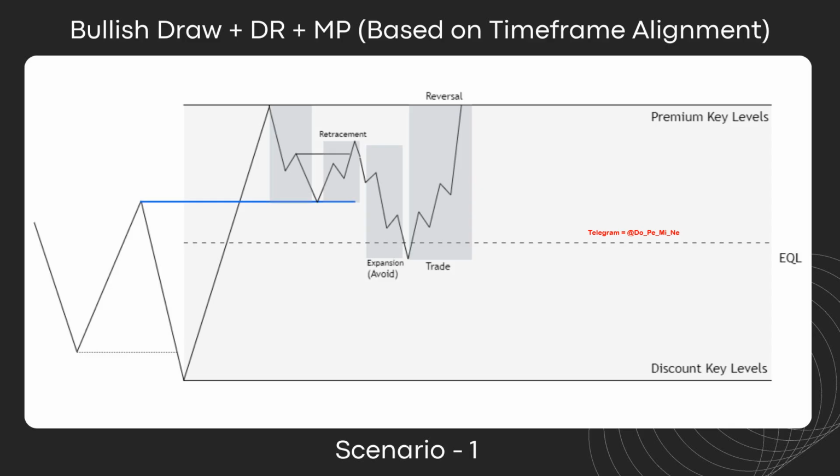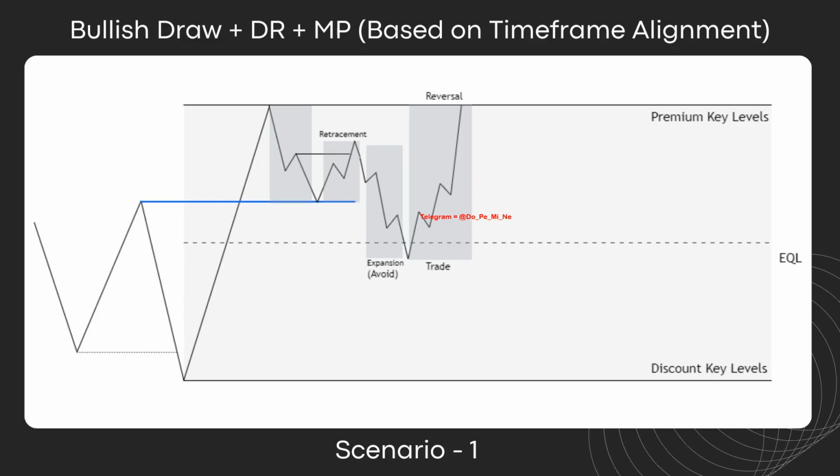So let's say another time you are dealing with a bullish market structure, and you've seen a bullish dealing range, and you've got a key level inside the premium. Now you're going to be cautious around that key level, because you know that price is most likely going to retrace to a discount key level before it could move higher. But we also had this premium key level, so you're going to be wondering what price will do at this key level.